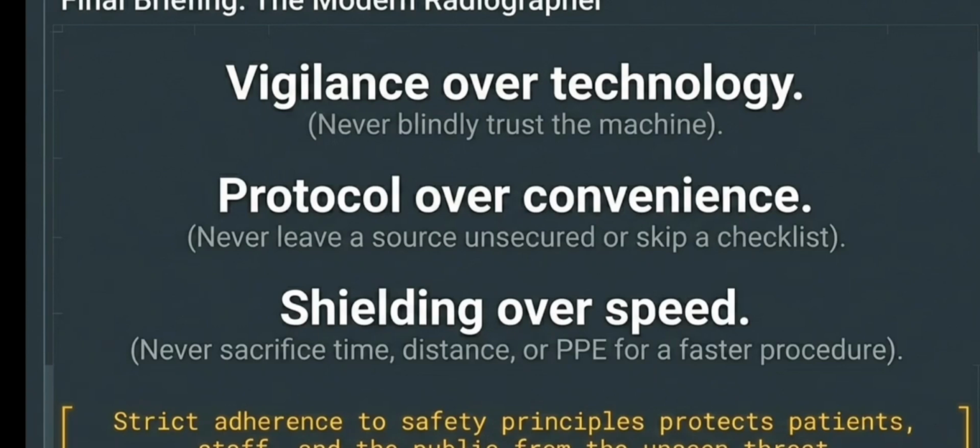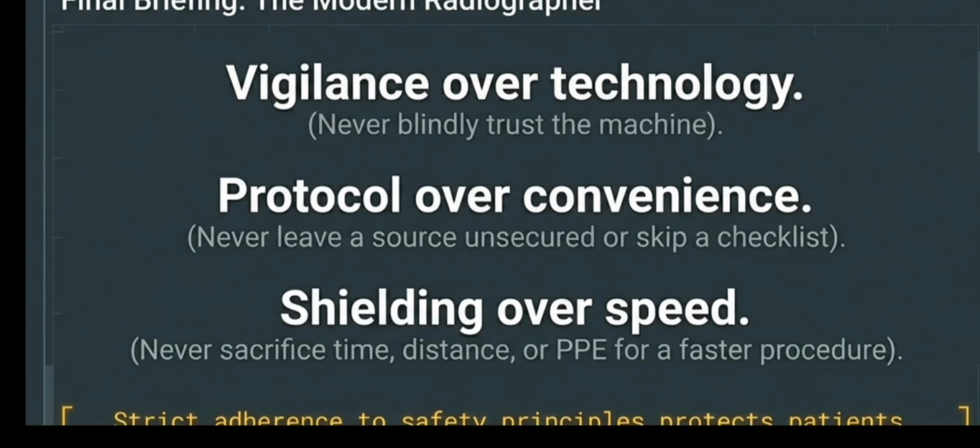To conclude our briefing today, let's look at what defines the modern radiographer. First, we must respect the weakness of our technology. We never blindly trust the machine. Secondly, we prioritize protocol over convenience. We never leave a source unsecured or skip a safety checklist. Finally, we choose safety over speed.